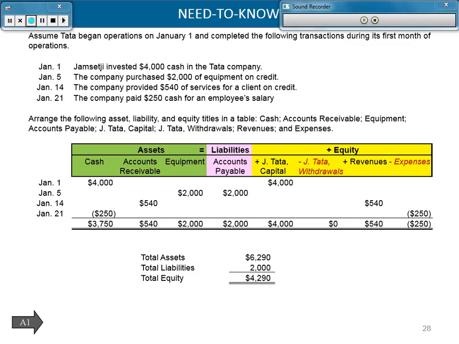Expenses for $250. So we took these totals here, because you need to add all these up. $3,750 plus $540 plus $2,000 equals $6,290. Total liabilities, $2,000. Assets equal liabilities plus owner's equity. So in order for us to get this $6,290, these had to equal $4,290. Everybody sees? Yes?